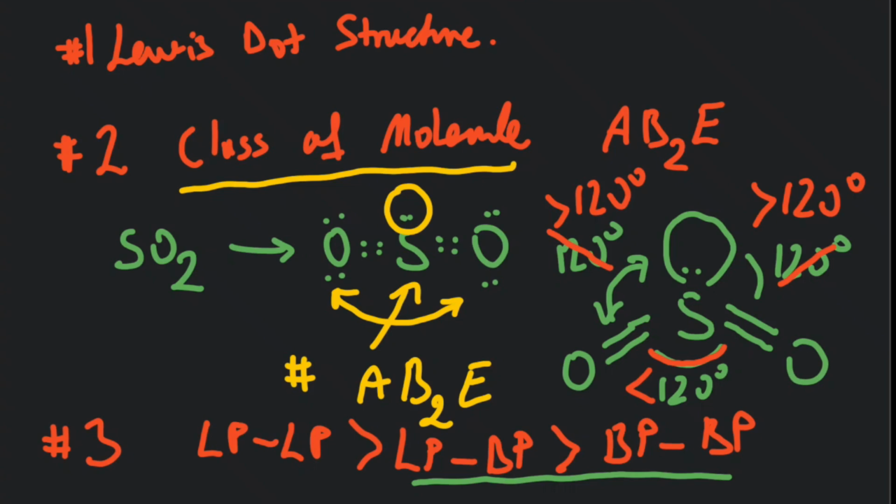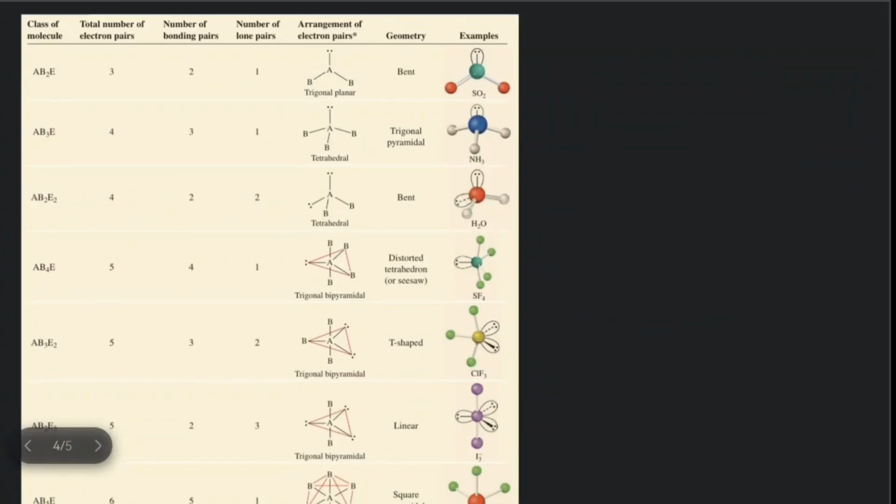But these are details, and maybe I can make another video for this concept. And this is the table that students have to know before the general chemistry exam. If VSEPR theory is included in the exam, you have to know this.